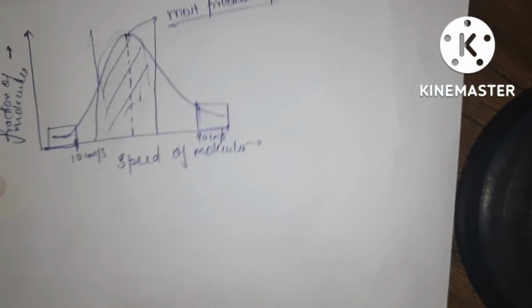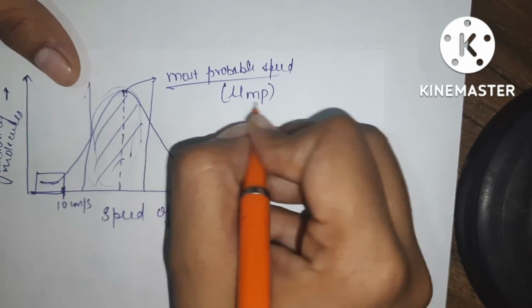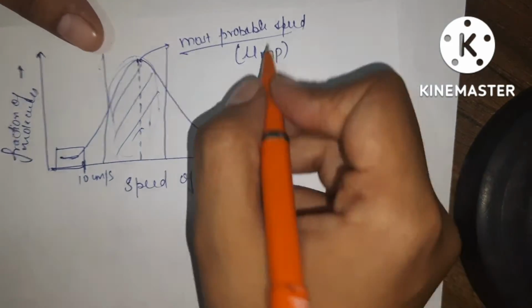Okay, most probable speed, I can write it as UMP. This is the symbol of most probable speed, UMP.